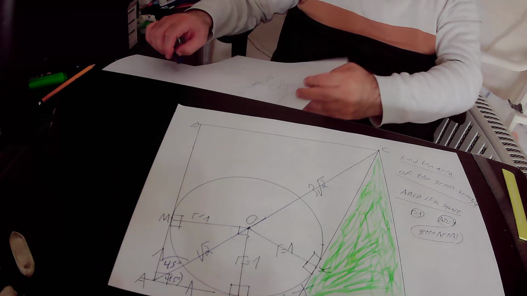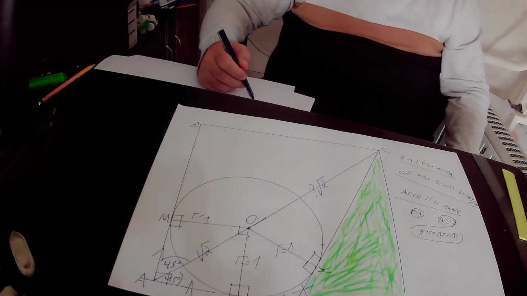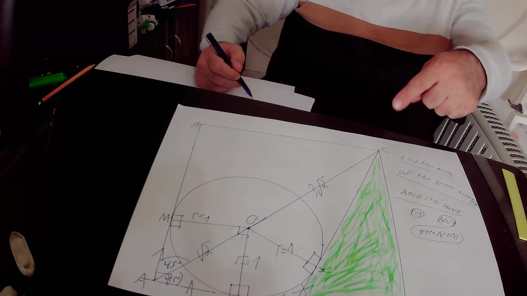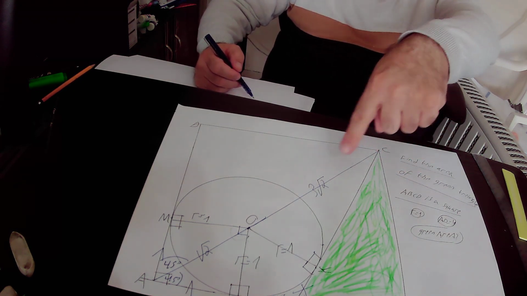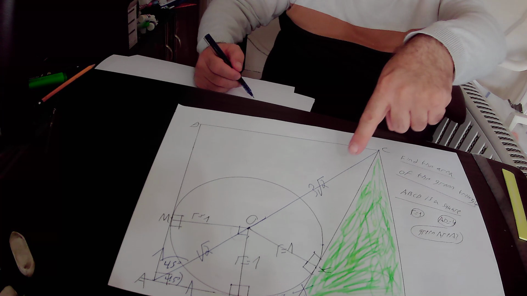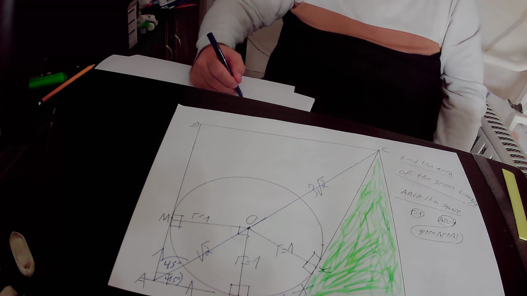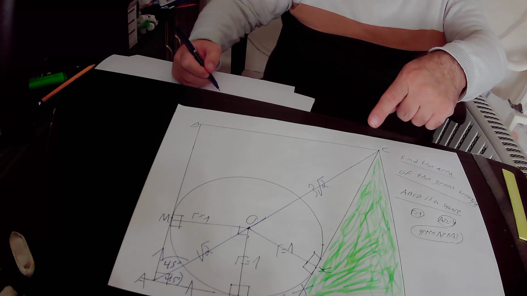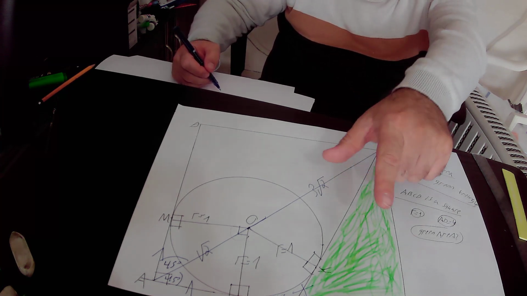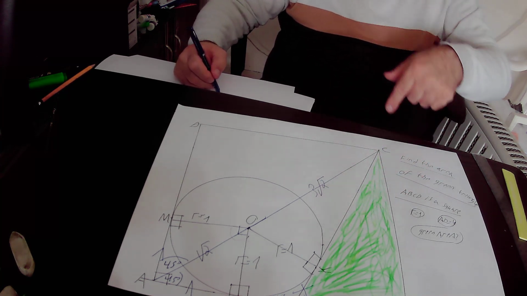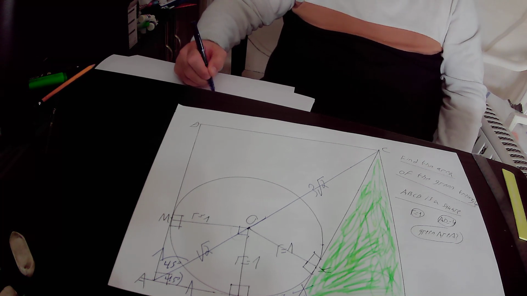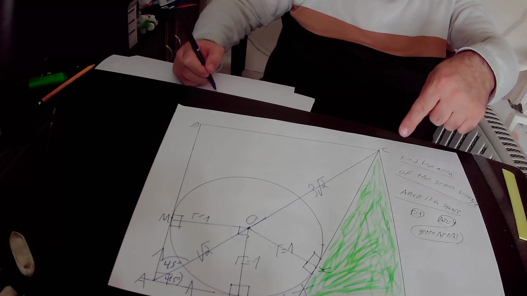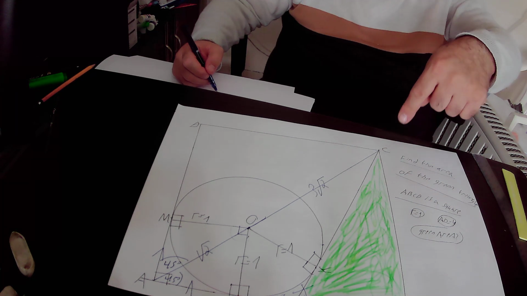So the hypotenuse in the right triangle, triangle COK, is CO. So the square of the hypotenuse is CO squared, and it equals the sum of the squares of the perpendiculars, that is to say it equals OK squared plus CK squared.